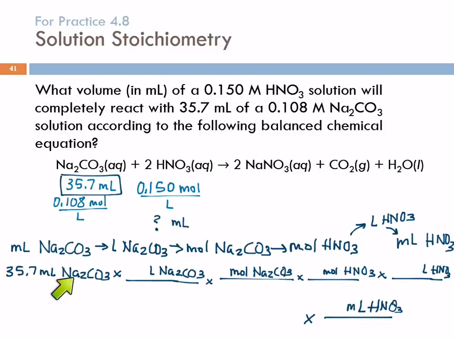I need the milliliters of sodium carbonate to cancel out, so I'm going to write that down here. And those units are going to cancel. And then I need liters to cancel out. And then I need moles of sodium carbonate to cancel out.